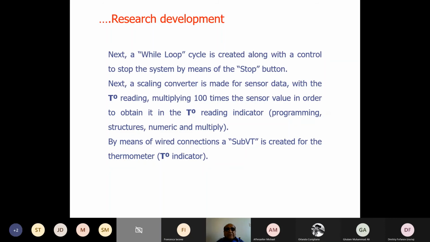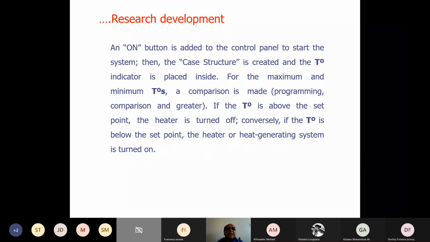By means of a direct connection, a supply is created for the thermometer. An on button is added to the control panel to start the system.